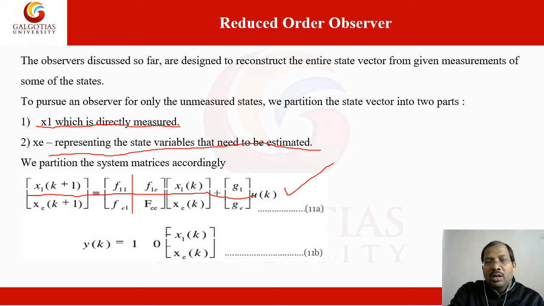This is the system matrix F, which is divided in this form. G is divided in this form based on the order. These are the matrices: F11 is the measured system matrix, then F1e, Fe1 and Fee. So these are the equations they have given. Y k is also divided into two forms: the feedback part which is available for measurement and 0 for xe. In this way we have to partition the matrices according to their sizes.